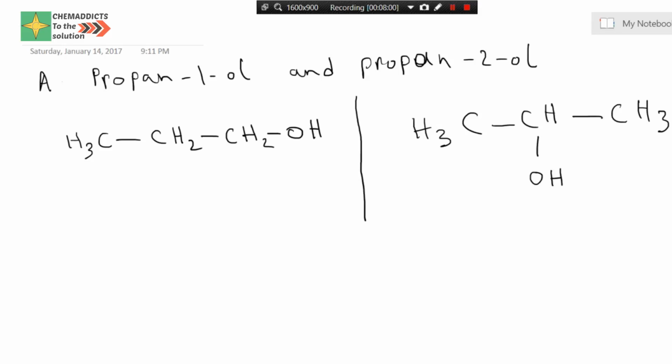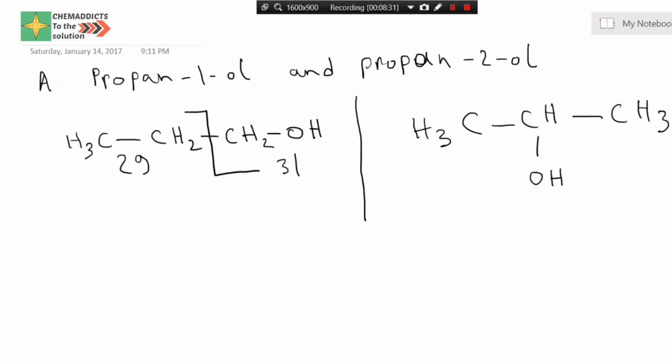So if we want to fragment this molecule, in order to get the mass by charge ratio 29, we need to fragment like this. Here we're gonna get the mass as 29, and here we're gonna get the mass as 31.